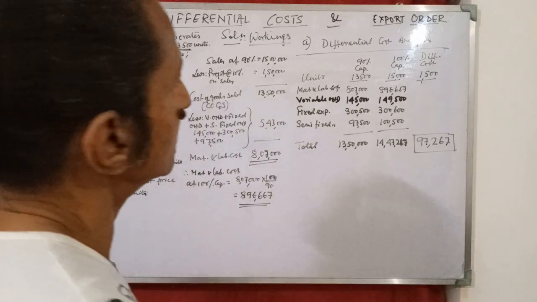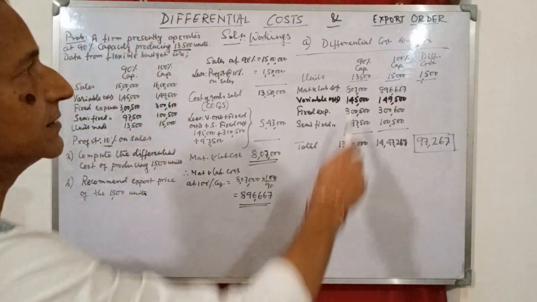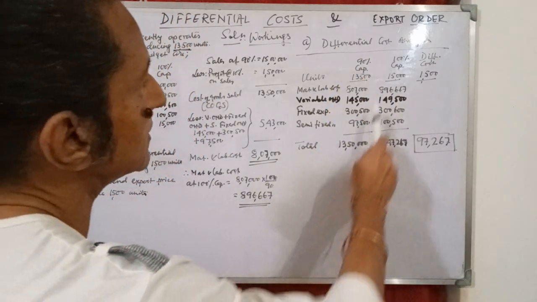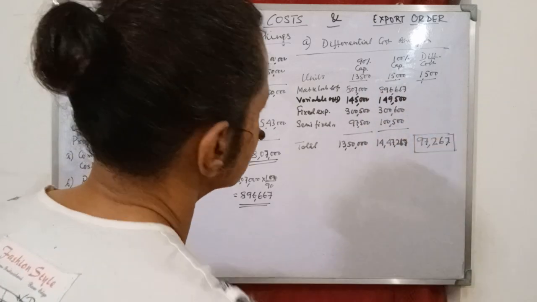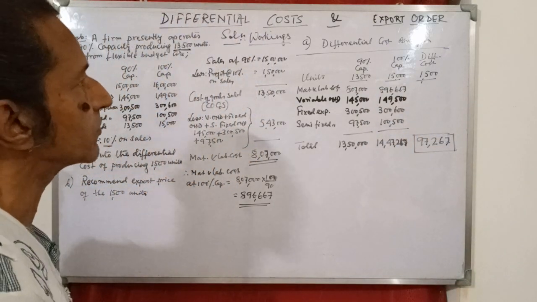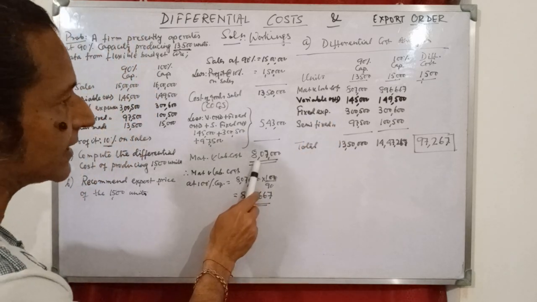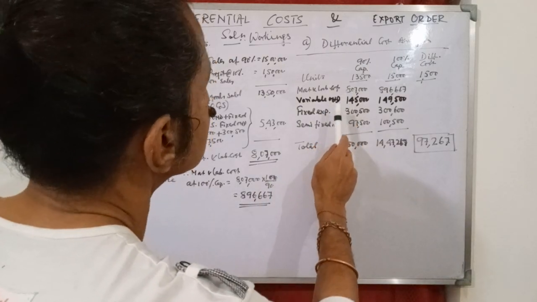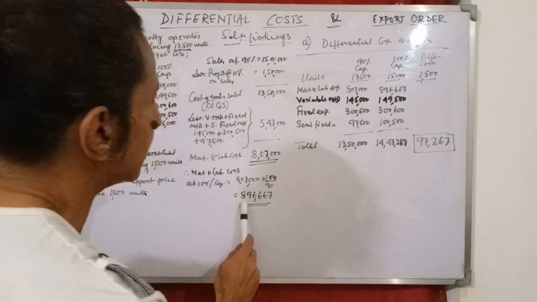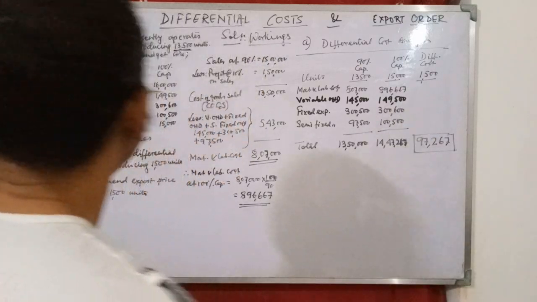So here we have done the differential cost analysis. This is meant for 90% capacity. This is meant for 100% capacity, and this is the differential cost. We have incorporated the material and labor cost as we calculated here: 8,700,000 at 90% and 8,96,667 at 100%.